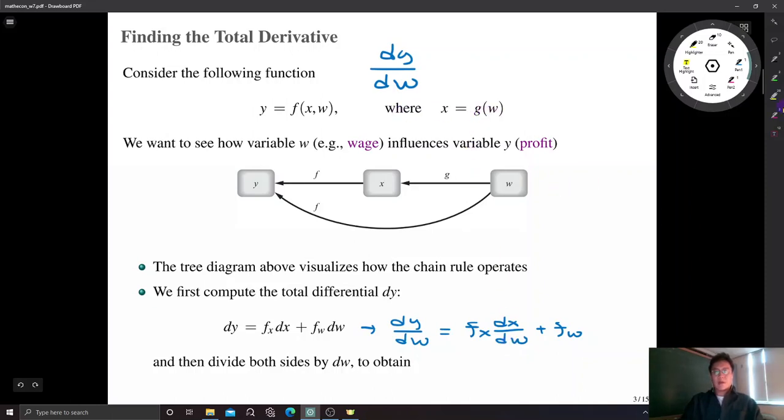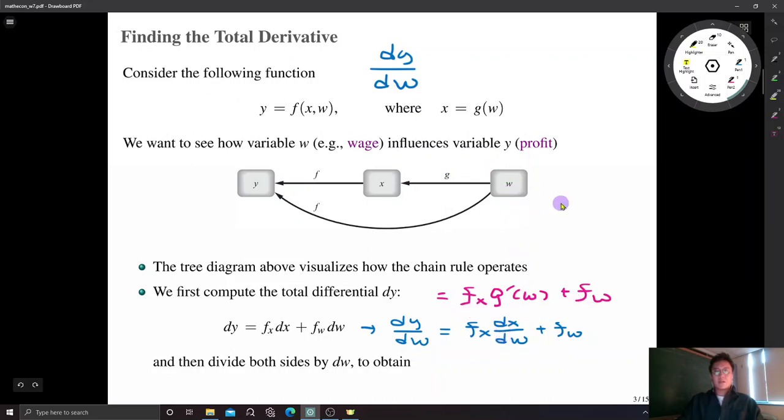So I can rewrite this as f sub x, now g prime of w, plus f sub w. Okay, so that is the total derivative form of function f or variable y with respect to w. Okay. So the basic idea is how do we obtain this formula?